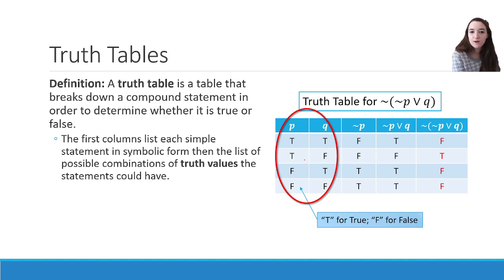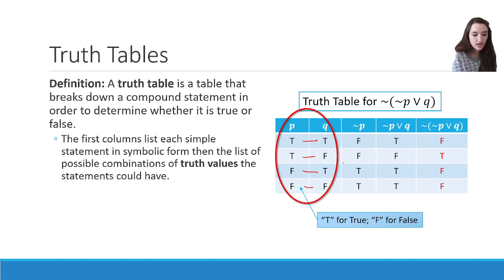This is so that we get every possible pairing: both are true, P is true but Q is false, P is false but Q is true, and P is false and Q is false, where they're both false. Those are all the ways these can be paired up. So we end up needing 4 rows.